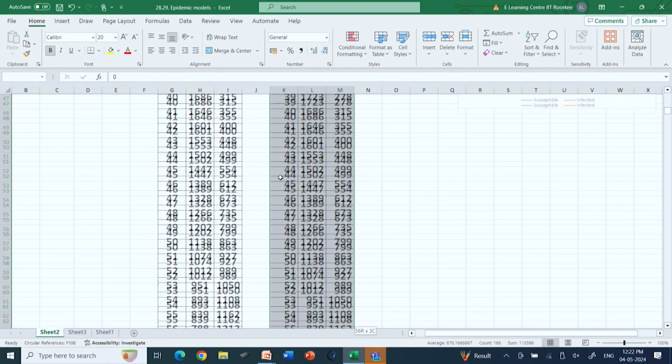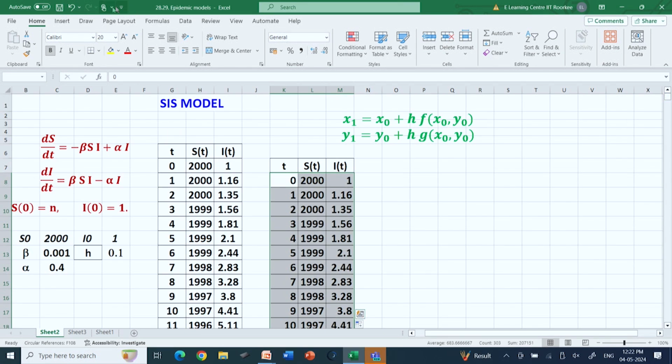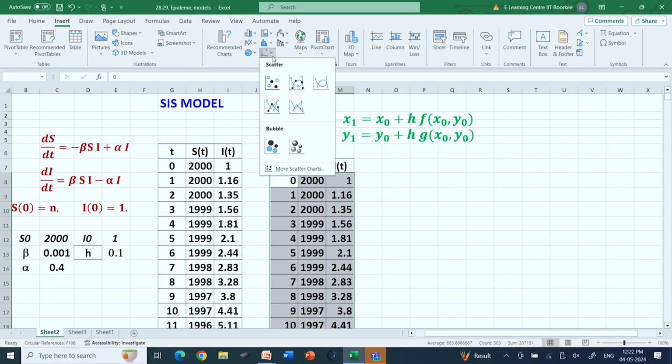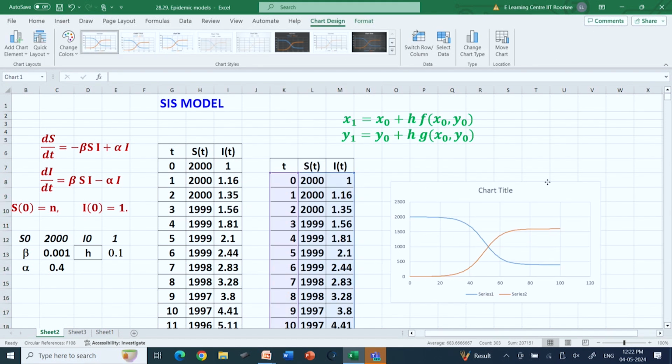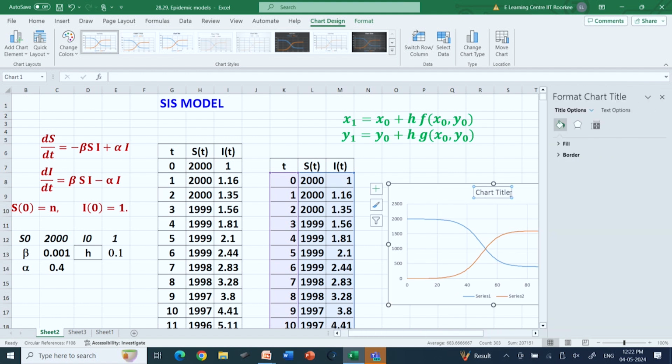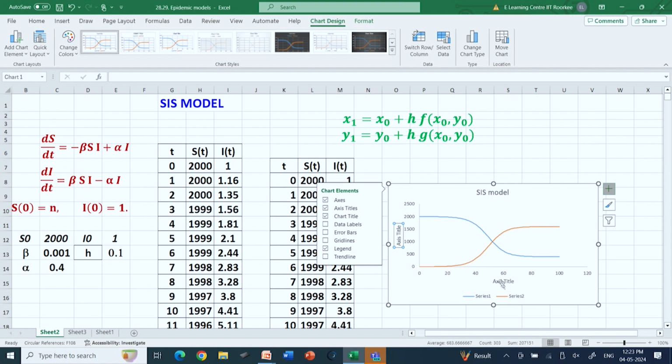I highlight using the shift key and the cursor. Go to insert, the chart, and this chart. This is the SIS model. I don't like grid lines, so I will uncheck grid lines. I want the axis titles.